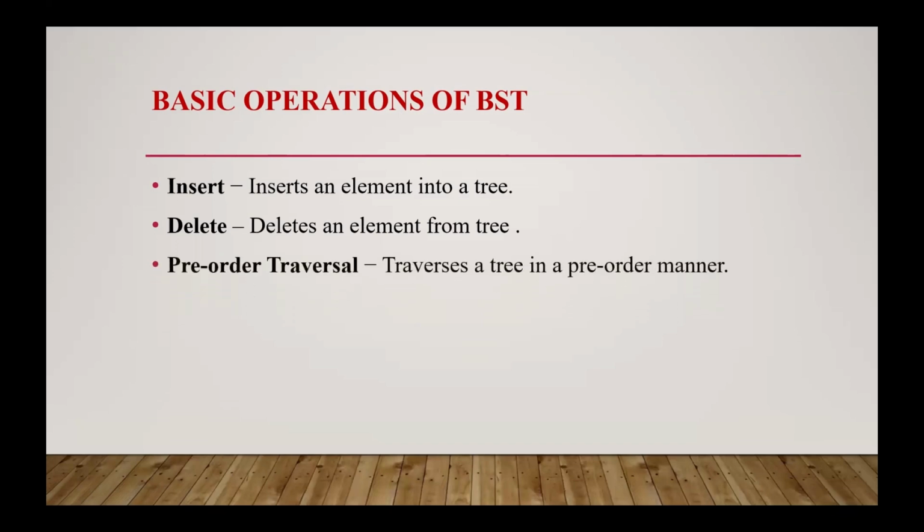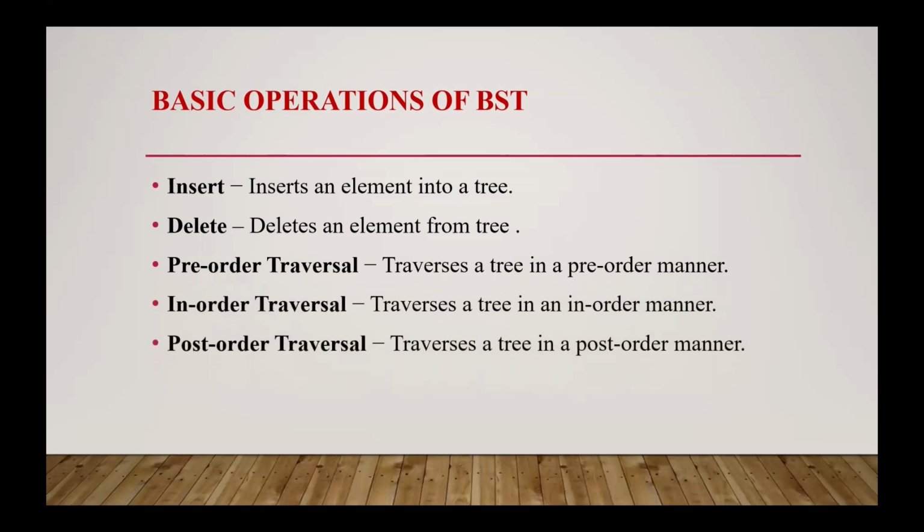Here is one difference in the case of a tree. In the previous data structures we covered, the array, stack, queue, and linked list, traversing means going from the first to the last element. But in the case of a tree, we perform traversal in three ways: pre-order, in-order, and post-order. So there are three categories of traversal possible for a tree.